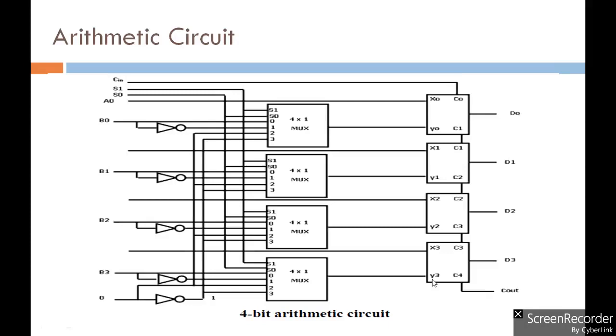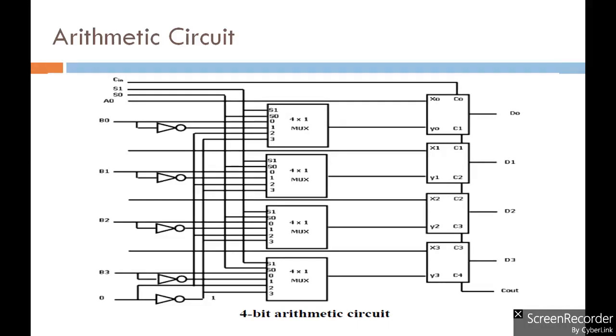So friends, by seeing this diagram you can simply understand that 4 full adder circuits are there, and all those full adder circuits have their first input from the binary number A, that is A0 in the first full adder, A1 into the second full adder, A2 into the third full adder, and A3 into the fourth full adder. So we can see that the input A from binary number A is directly connected to the inputs of the full adders. Okay.